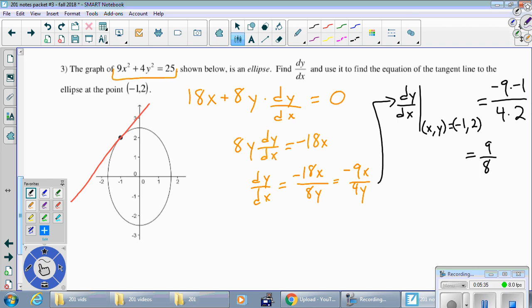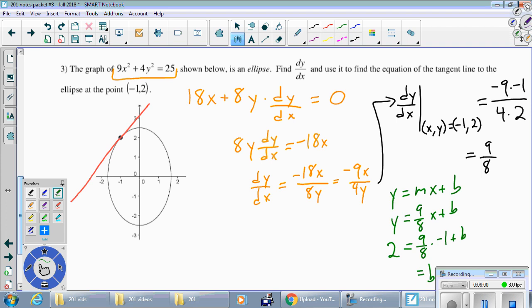Seems reasonable. And then we do our mx plus b calculation. So the rest of it is not calculus at all. So y equals mx plus b. y equals positive 9 over 8 x plus b. Plug in the negative 1 and 2. And then add 9/8 to both sides.